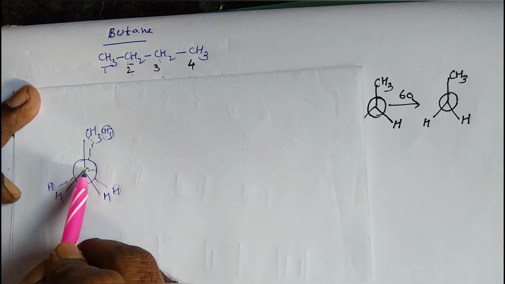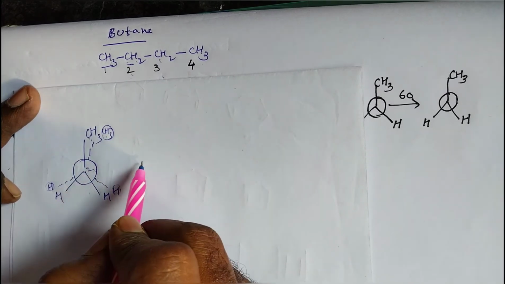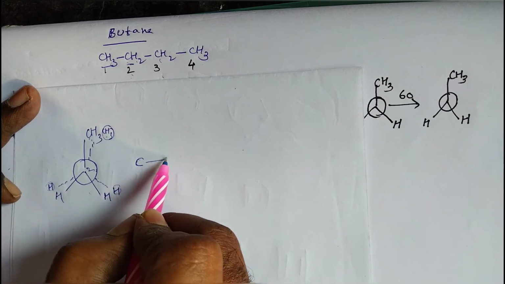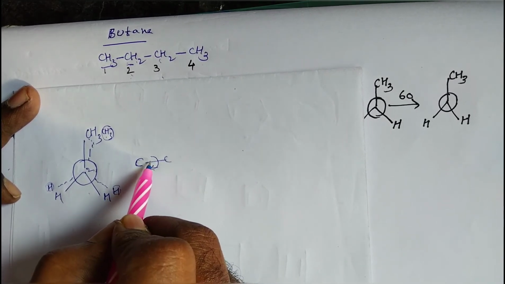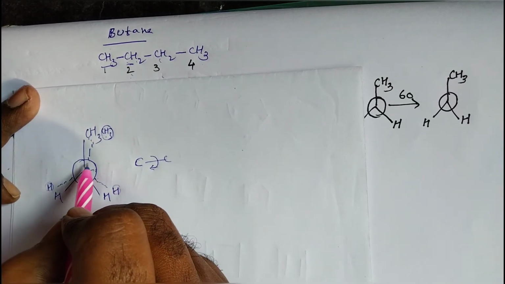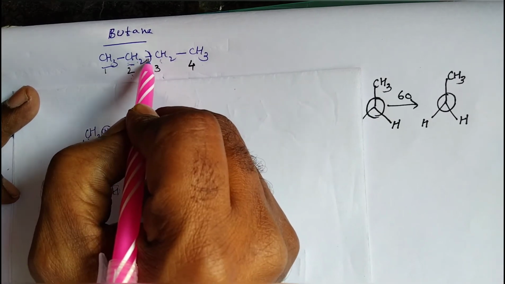By keeping one carbon in a fixed position, you have to rotate the second carbon atom. As I told, conformation means rotation of a single bond, that is a sigma bond, here between these two carbon atoms. So the rotations take place in this carbon atom.